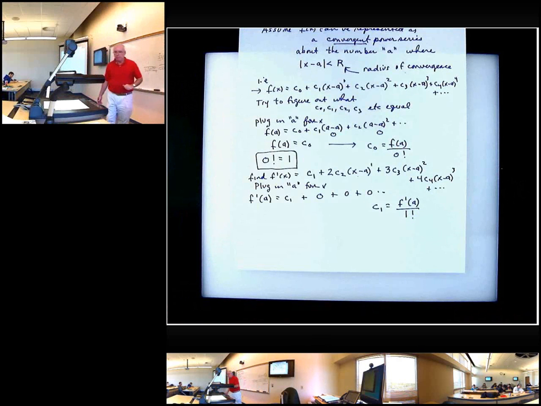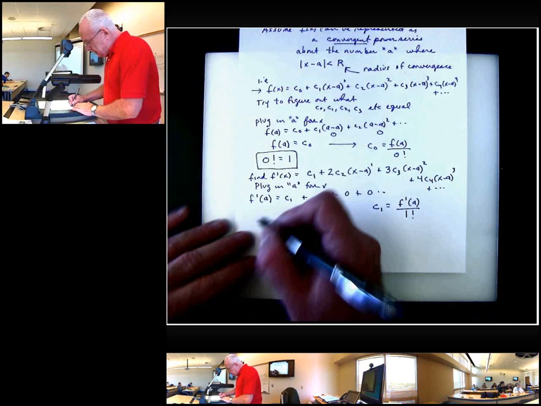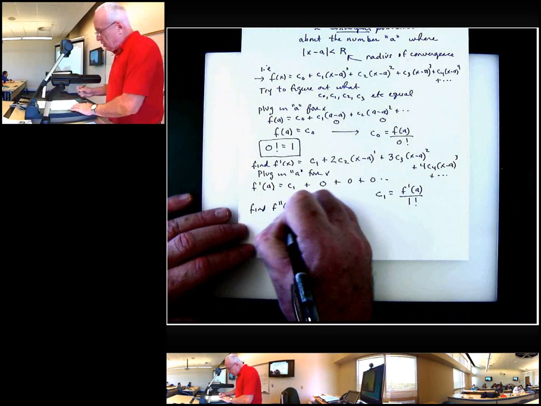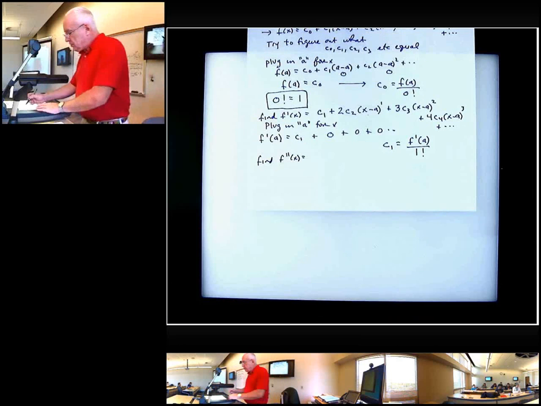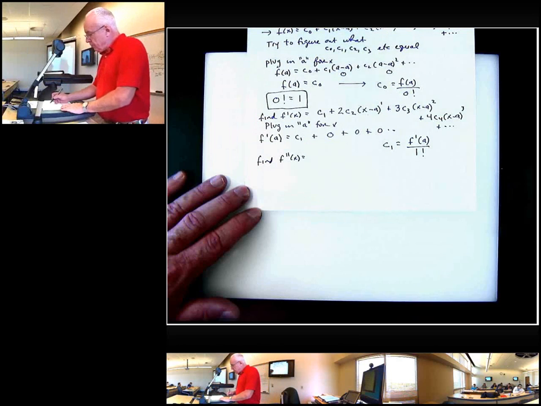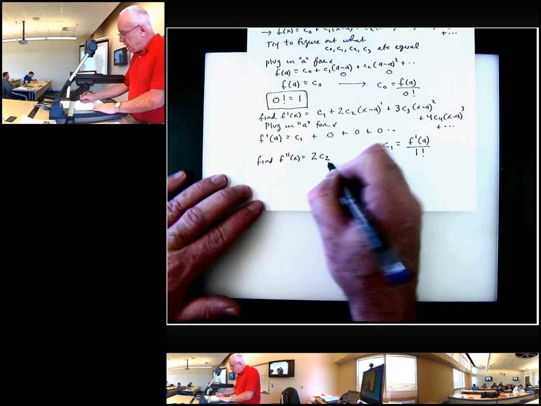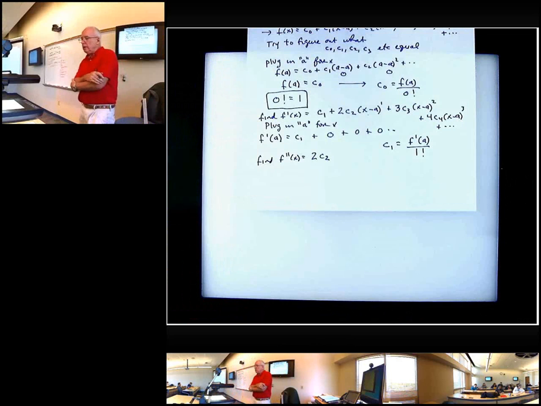All right. Now let's do the second derivative. So now let's find f double prime of x. So we just work off of our first derivative to do that. The C1 is going to go to 0. Now this term is going to become 2 times C2. This will be x to the 0 power, so that's a 1.